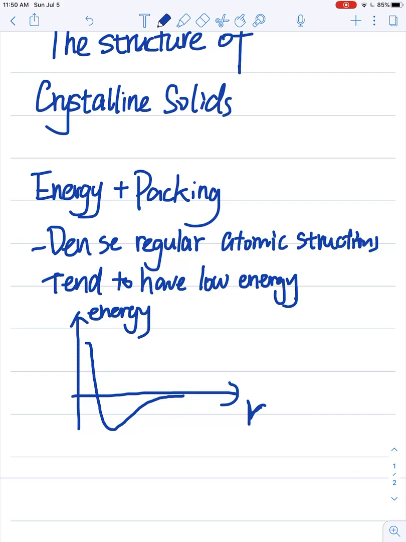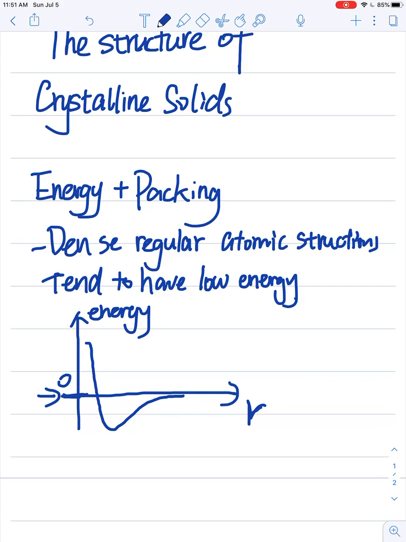If the curve is close to the horizontal axis, it means the energy is low. This is our zero energy line.